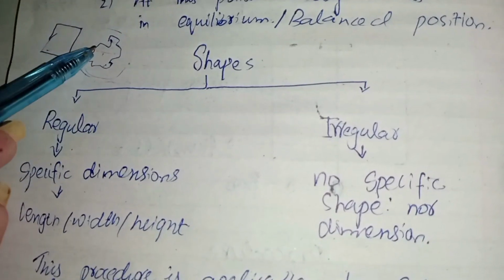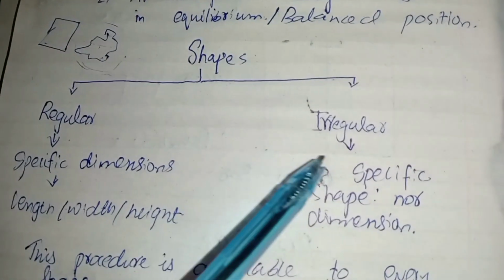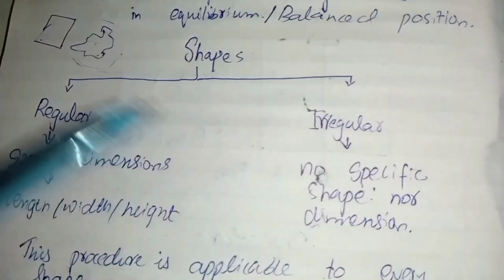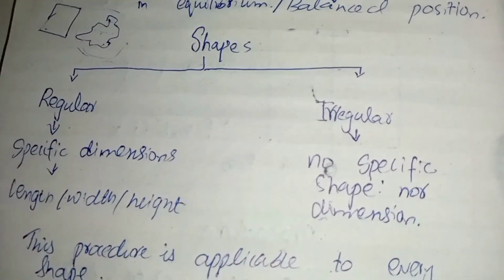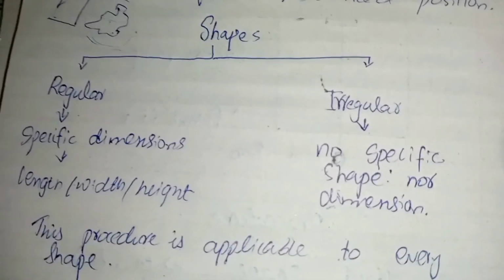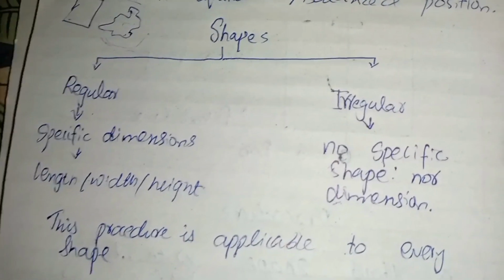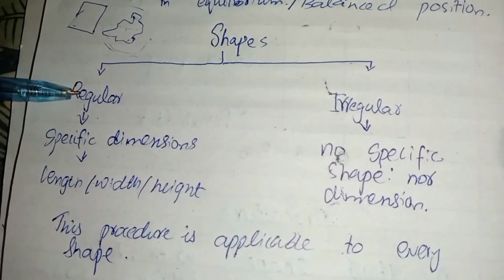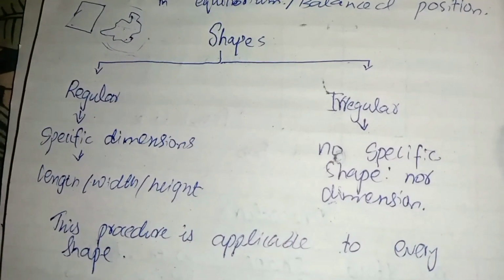So the shape in which neither the shape is specific nor the dimensions are specific, we name this kind of shape as the irregular one. So we can adopt the same method and the same procedure to find the center of gravity of either the regular shape or the irregular one.